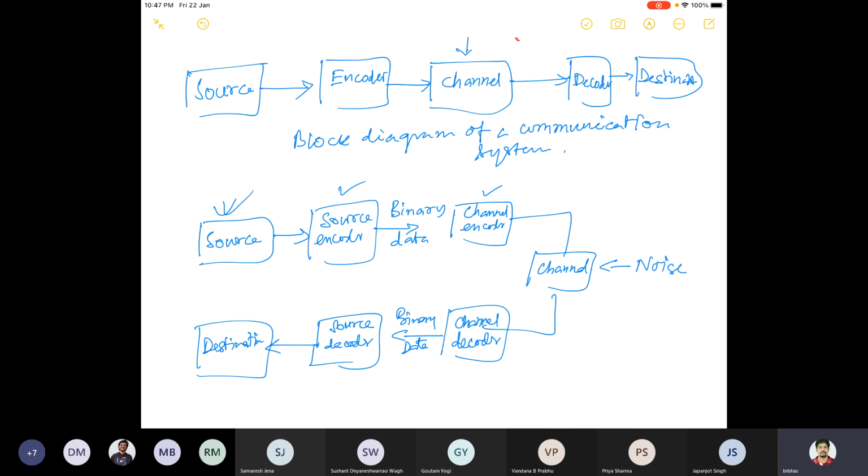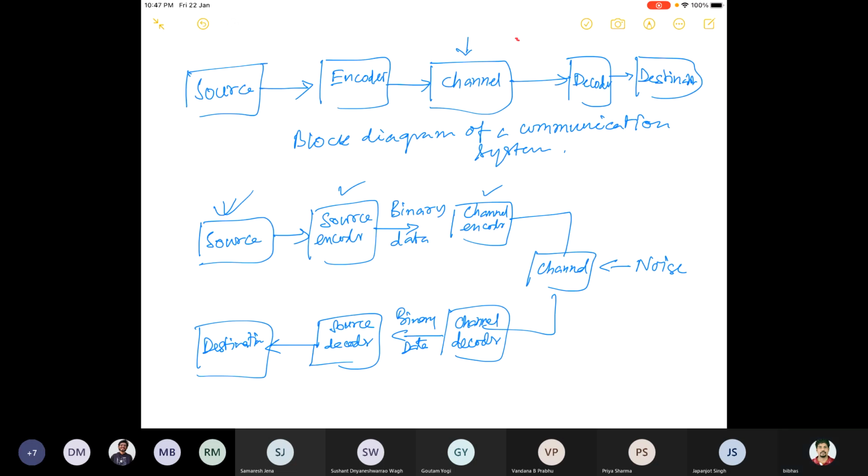The job of the source encoder is to represent the source output by a sequence of binary digits. It need not be binary digits, but using the way we want to encode it. Let's say we want to encode it using strings of 0s and 1s, then it is just binary digits, like bits.